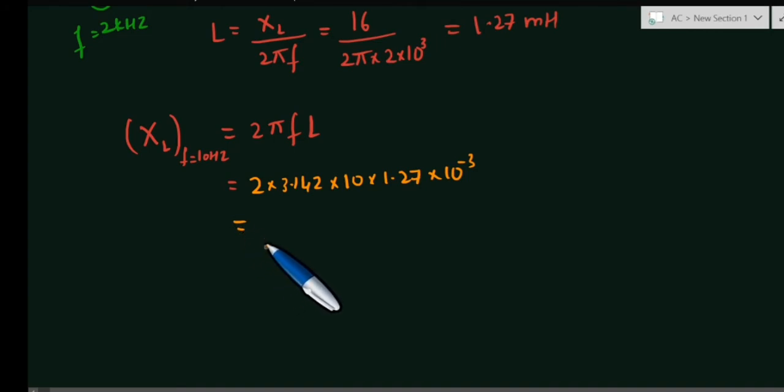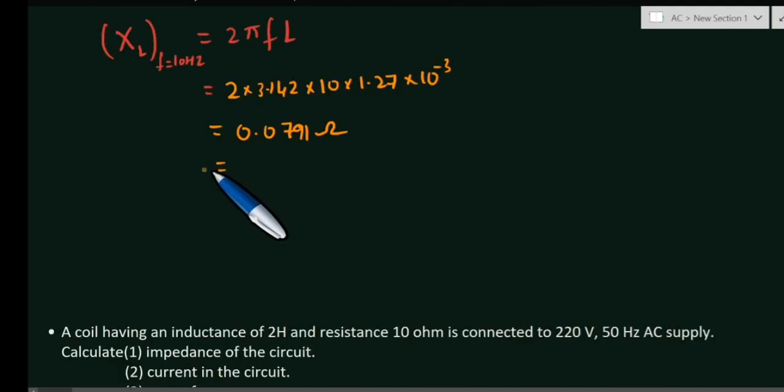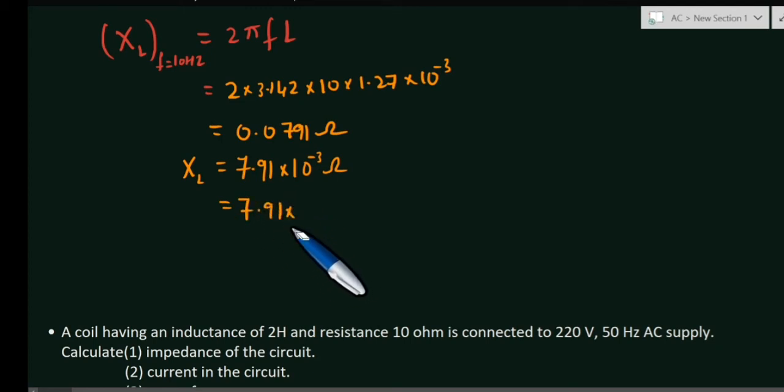So the value is found to be 0.0791 ohm. XL is equal to 7.9 into 10 to the power minus 3 ohm, or you can write it as 7.91 milli ohm. So this is the value of XL found at 10 Hertz.